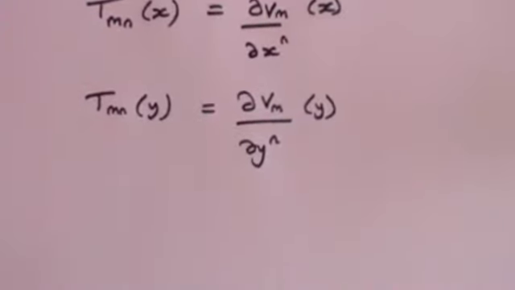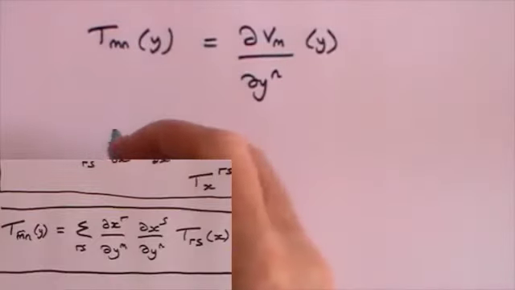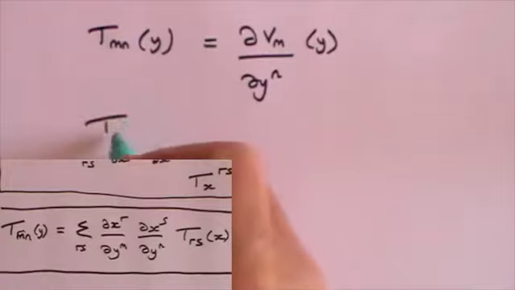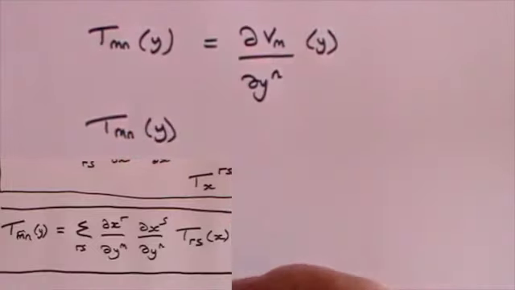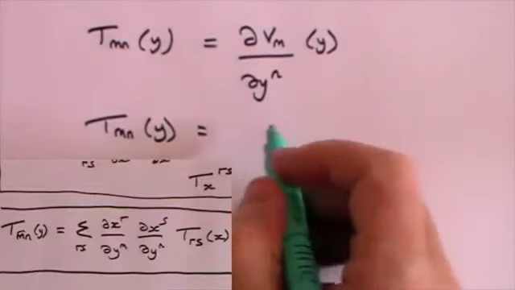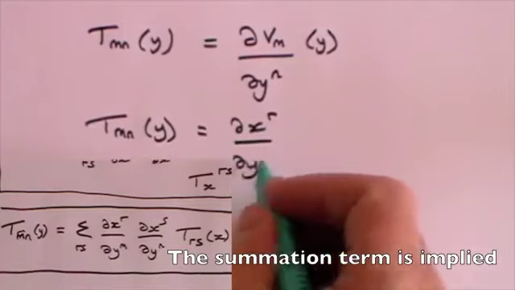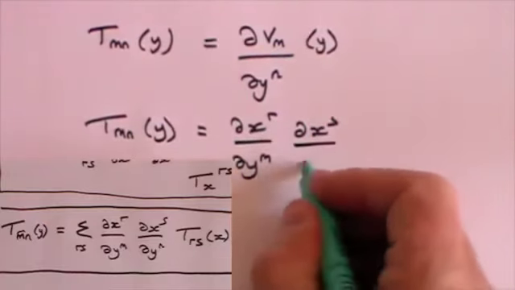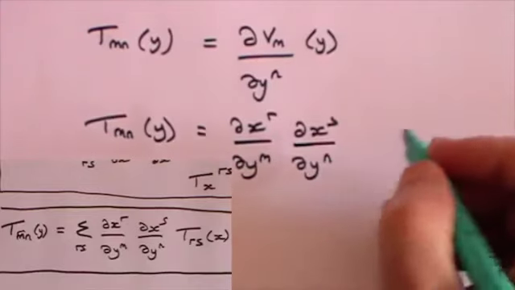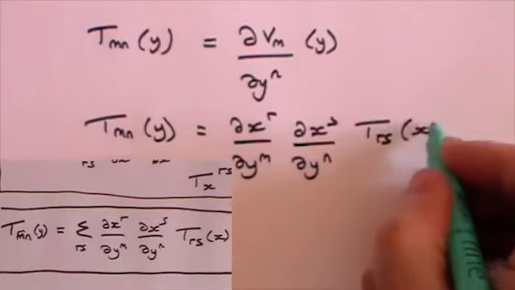I'm going back to equation 5, which should appear on the screen, but I'm just going to rewrite it exactly as it was, that the tensor Tmn in the y frame of reference is equal to dxr by dym times dxs by dyn times Trs in the x frame of reference.